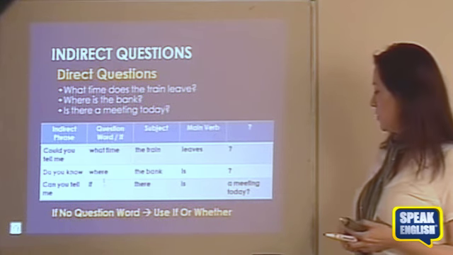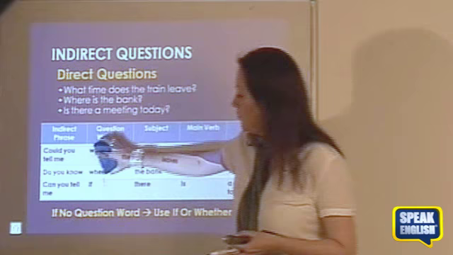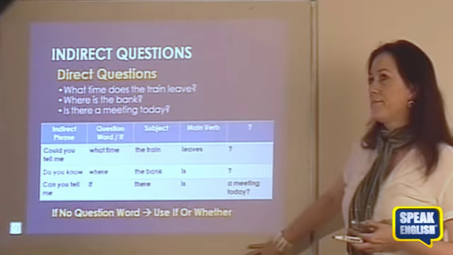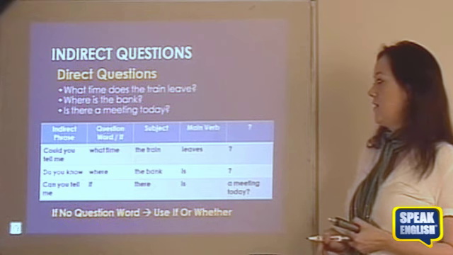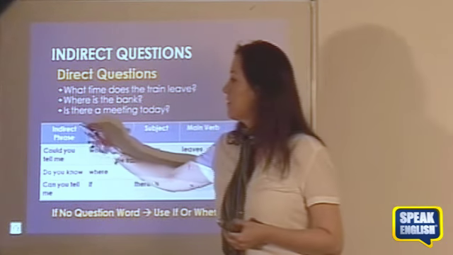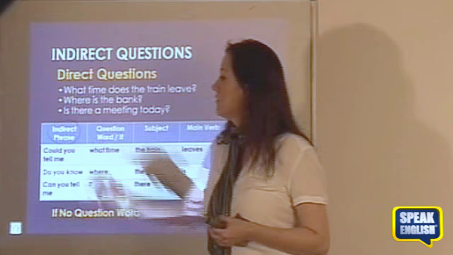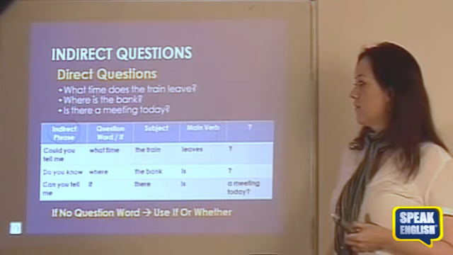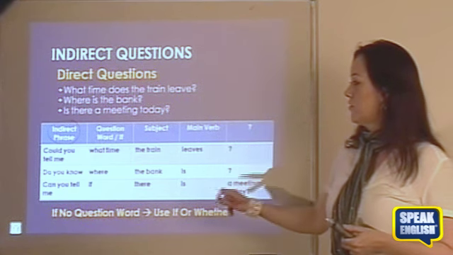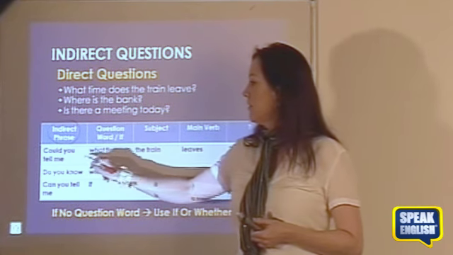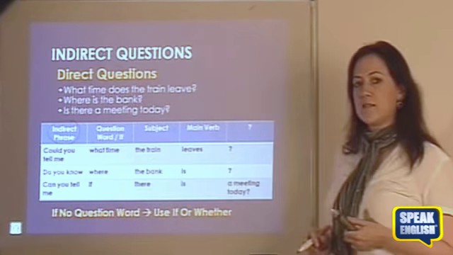But if we want to be formal or more polite, or in an office setting, we can be more polite by adding an indirect phrase at the beginning of the question. For example, the first question can be changed to, could you tell me what time the train leaves?